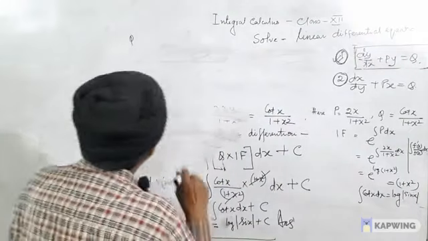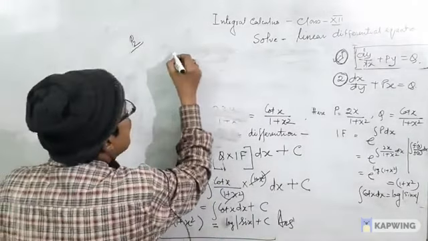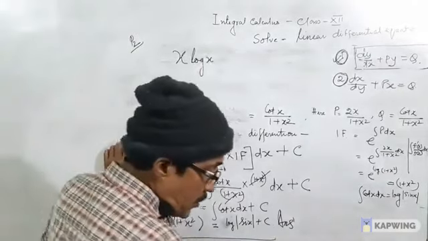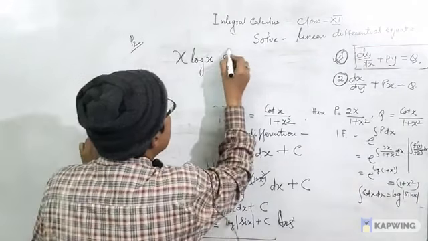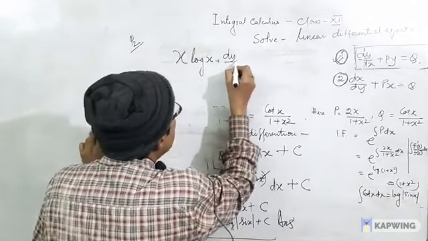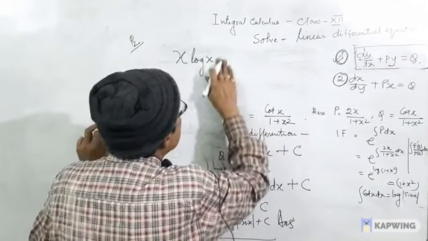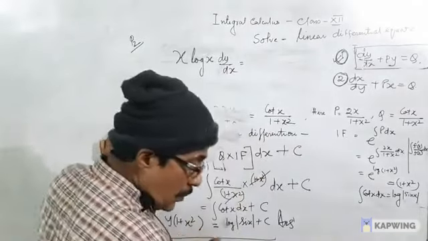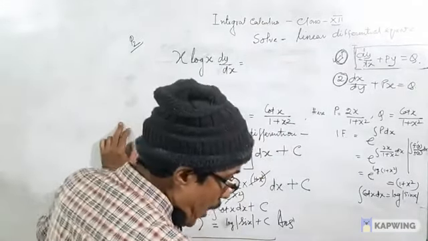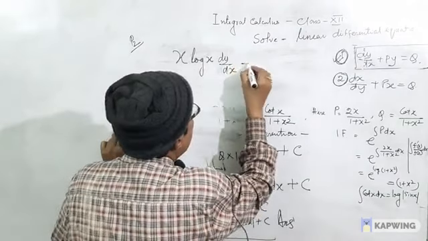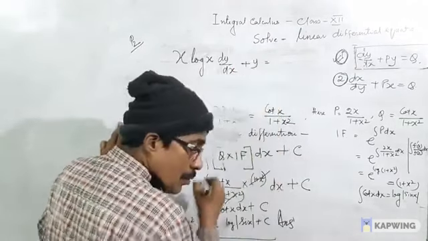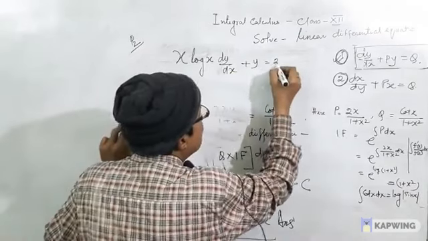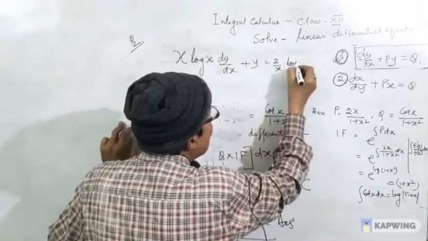Problem 2 for the class: x log x dy by dx plus y equal to 2 by x times log x.